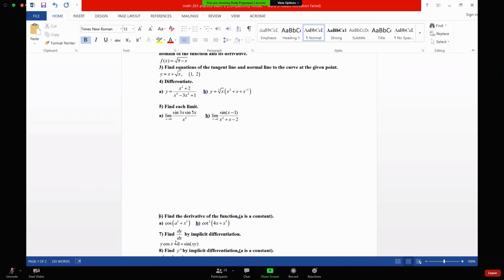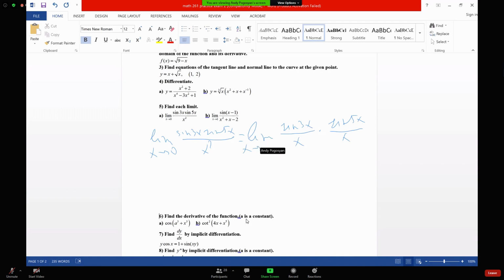So I told you during Thanksgiving, I'll open it, so anything that is missing, you can do it. Limit of sine 3x sine 5x over x squared, x approaches 0. You can write sine 3x over x times sine 5x over x.